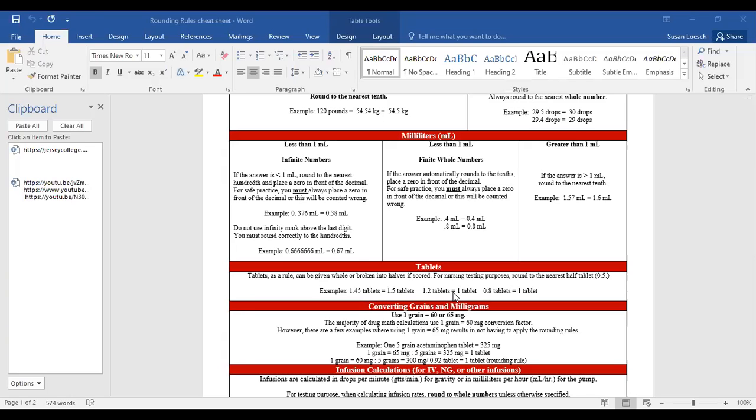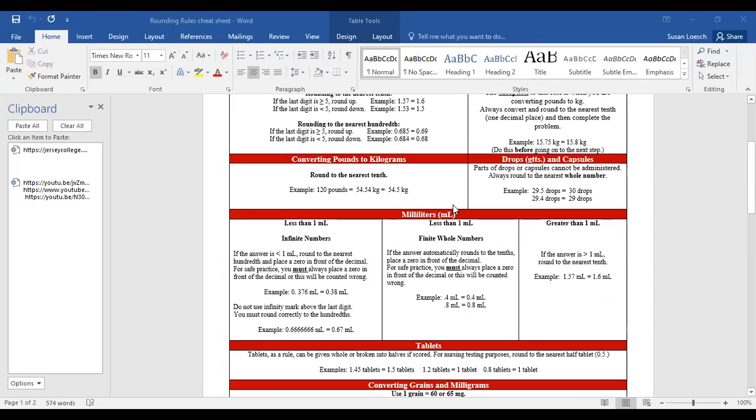You can go up, but you can come down. But if it's 0.7, then you go up. So if it's 1.3, you still give 1 tablet because it's less than half a tablet. 0.5 is half a tablet, Prince. And then 0.2 or 0.3, that's less than half of the tablet.